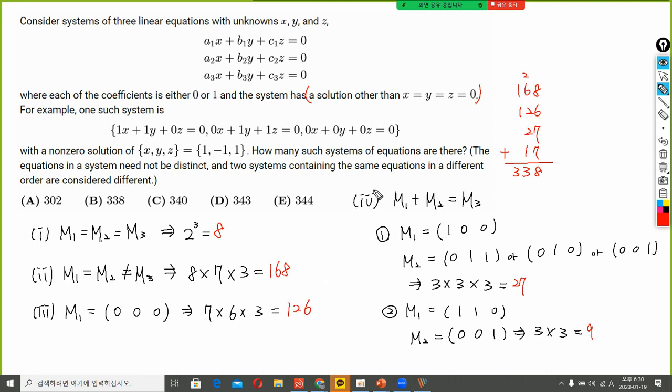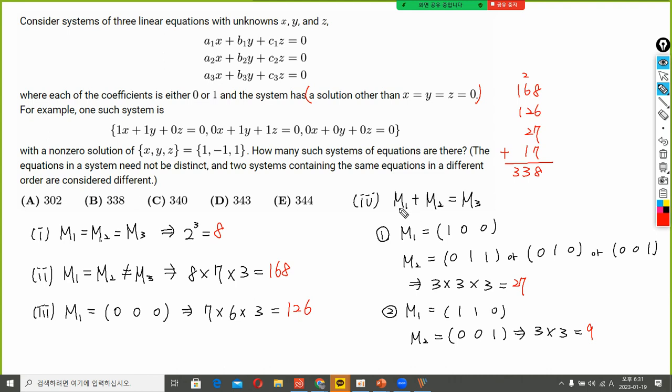And the fourth case is if we add the first two equations, and that's the same as the third equation, and that means it's overlapping. The planes are overlapping in a plane, so it has infinitely many solutions.